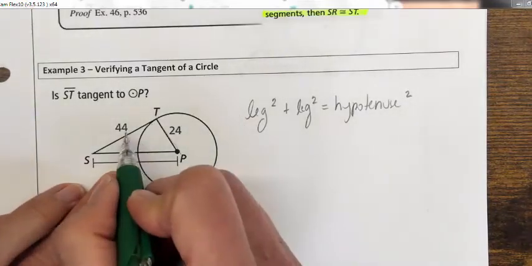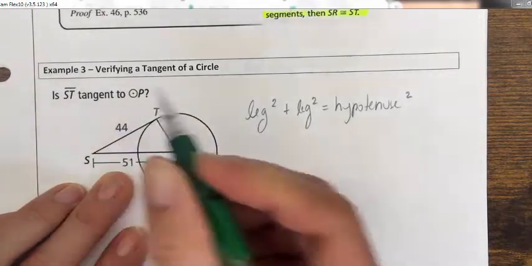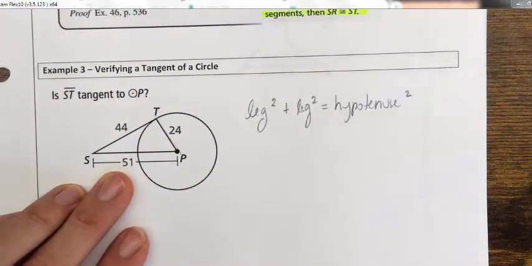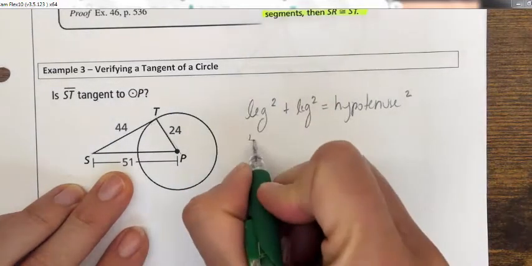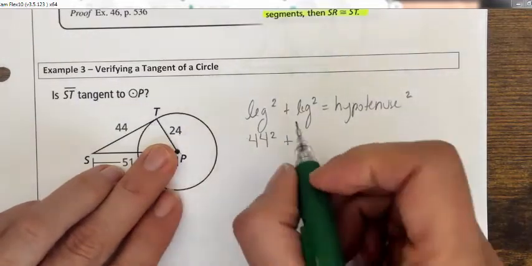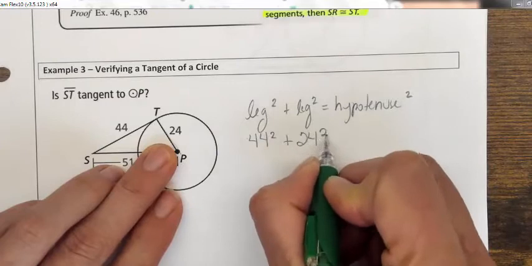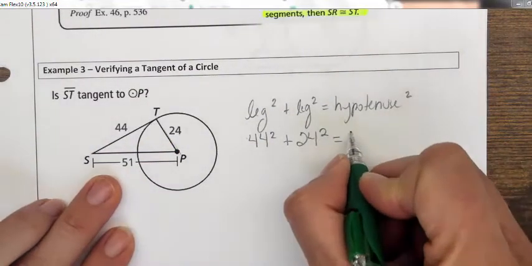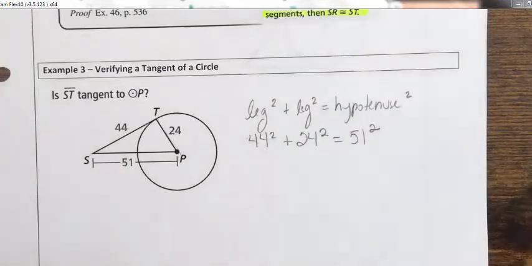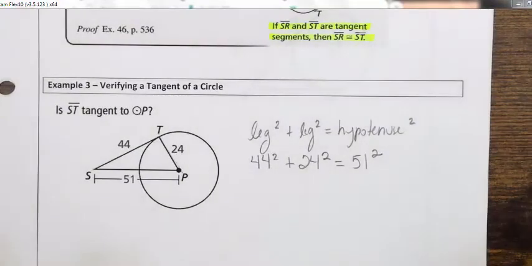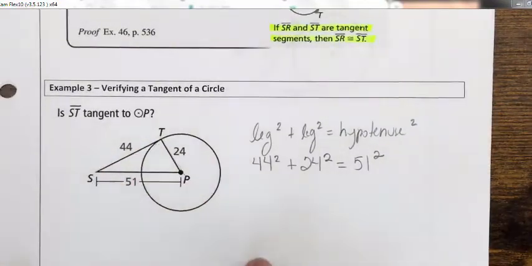Okay, so I'm going to say 44 is one of our legs, so we'll square 44. 24 would be the length of another leg, so we'll square that. And our hypotenuse would be SP, the length of that is 51, and we'll square that. Now that should be true in order for us to have a right angle, or in order for ST to actually be a tangent.